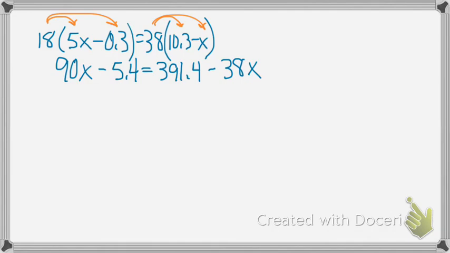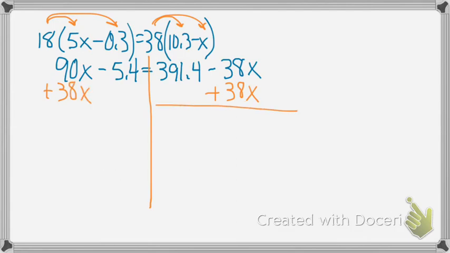So now I'm going to use my properties of equality to solve. So adding 38x to both sides. As much as you can do in your head, you probably should, because it keeps your brain sharp. But if it's just really slowing you down, then you should use a calculator.